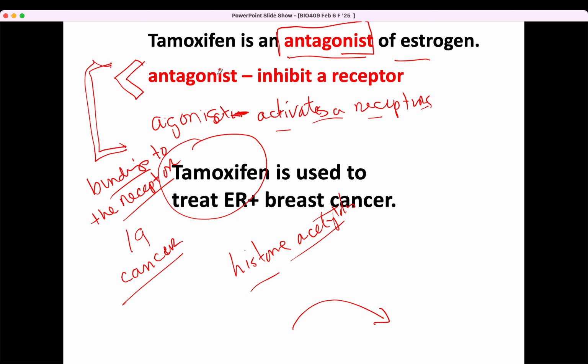So it's an inhibitor of the estrogen receptor, and it's used to treat breast cancer. And I don't think tamoxifen is considered a cure, but it works really well and helps doctors have more time.